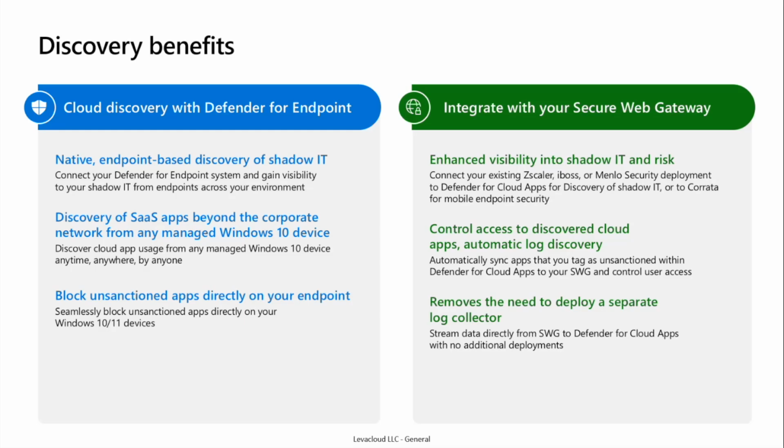At the E3 level, Microsoft 365 E3, you do get a more basic level of licensing for this cloud discovery. And you can have it basically collect logs from your firewall and forward it into Defender for Cloud Apps. It'll generate the same report, and I think they now have it to where you could even generate blocking rules to put on the firewall.